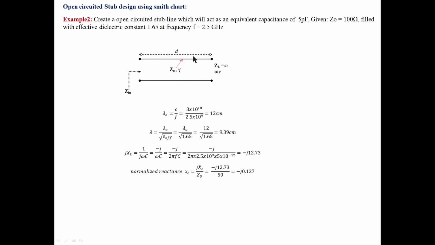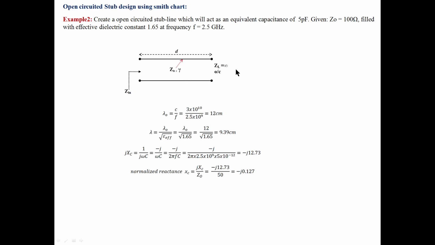Here, using a Smith chart, how to find the length of this stub to get a particular value of capacitor or inductor, with an open stub. Open stub means this is a transmission line again, but the load value is infinity here.